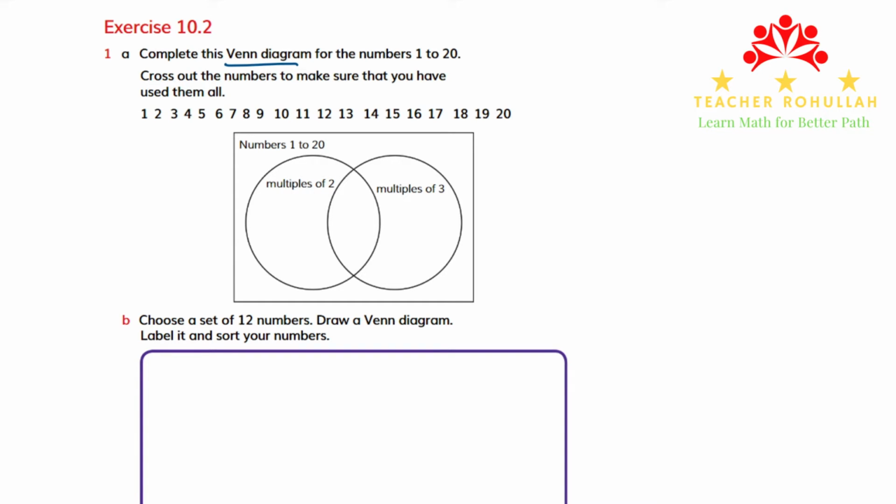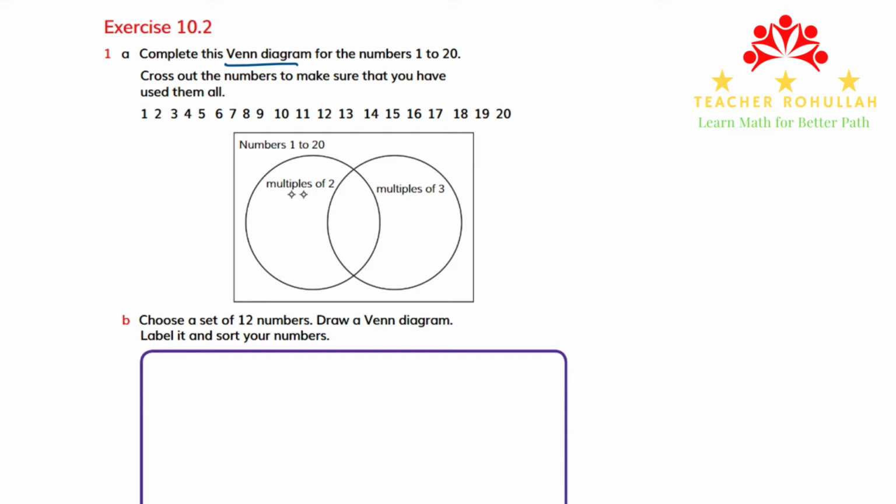So we have a set of numbers from 1 to 20, and we have to put them in the Venn diagram in the correct place. A Venn diagram, you know, is a type of diagram that is used for sorting. We either sort numbers, sort shapes, or sort anything else. Anything that belongs to the multiple of 2 in this case, we put on the left circle, and anything that belongs to the multiple of 3 we put on the right circle, or anything that is having the same quality.